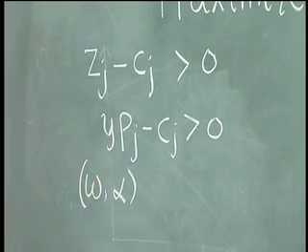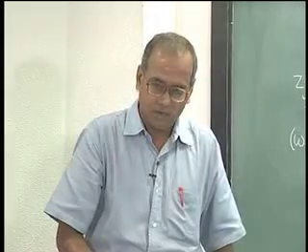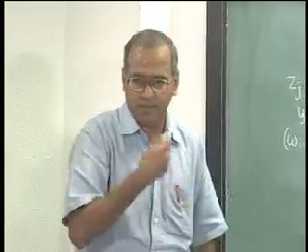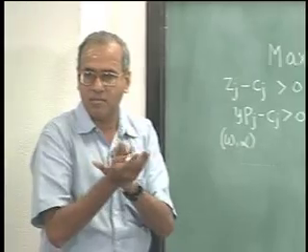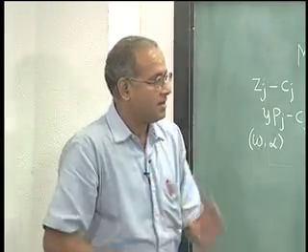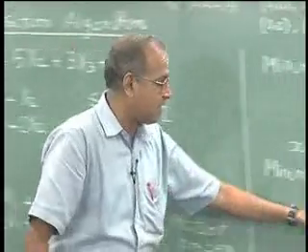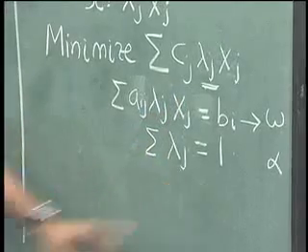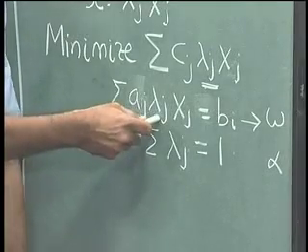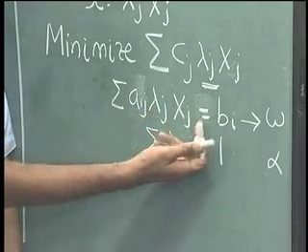What is Pj? Pj is an entering column, in y Pj, which is CB B inverse Pj. Any entering column here will be of the form A xj, 1, because lambda j is the variable, so you need to take this variable outside.